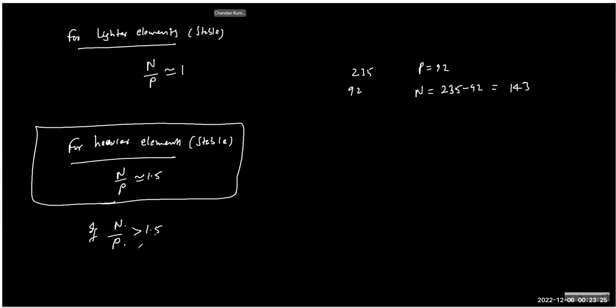Conversion of P into N or N into P? Which conversion do you want here? Tell me. N to P. You want to decrease the ratio, no? Yes, so you want some of the neutrons to convert into protons.